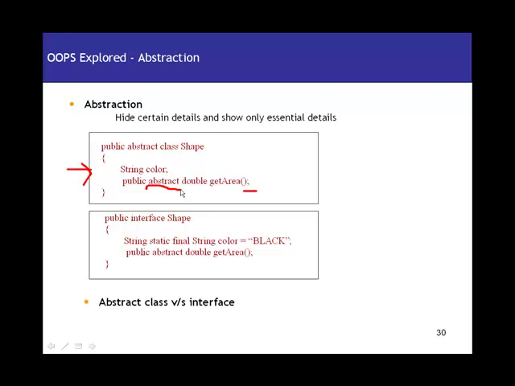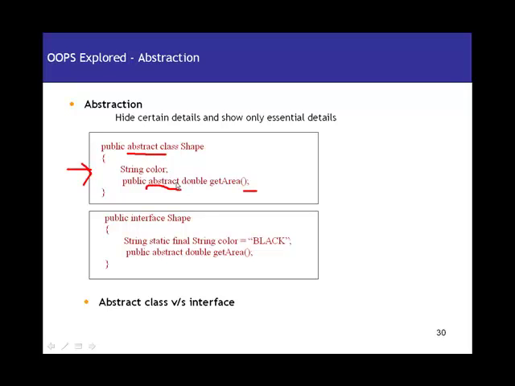But before that, let me tell you why my class is also abstract. The basic rule is, in your class, if you have at least one abstract method, your class should also be abstract, right? So that's the reason my class shape is also abstract, because I have an abstract method, which is called getArea, right?